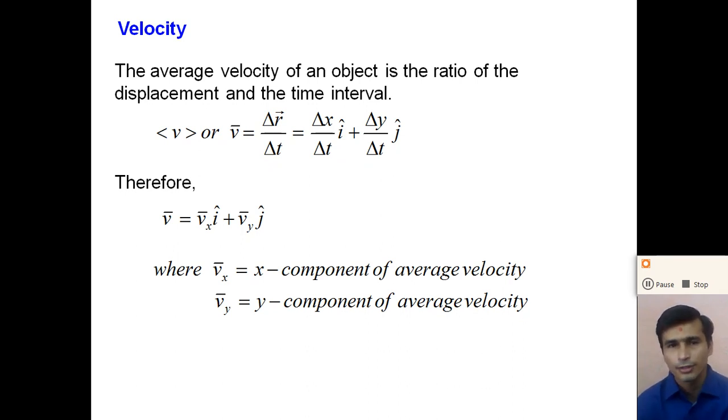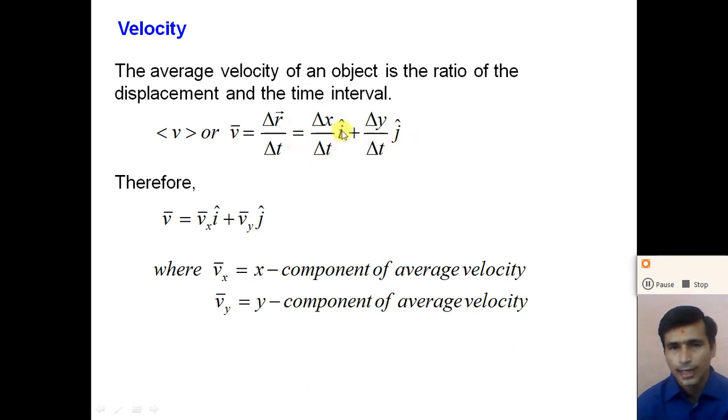So here we know that delta r is equal to delta x i plus delta y j. So if you put delta x i plus delta y j instead of delta r, we get the component form of the average velocity. So here we get delta x divided by delta t i plus delta y divided by delta t j, right?